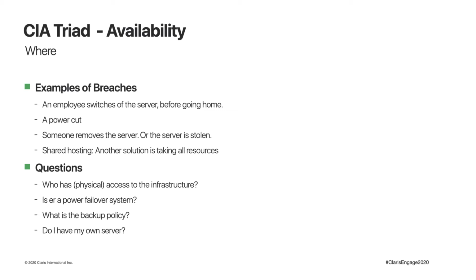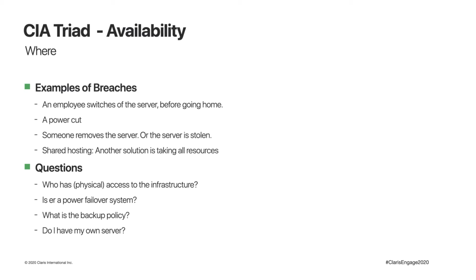Oh, what is that machine doing here? And he takes it offline or takes it home. Or the server is stolen and the data is stolen. And in the shared hosting, as an example, it could be that another solution takes so many resources that your solution becomes unavailable for your users. So we have to look into these aspects to answer the best place for my hosting.